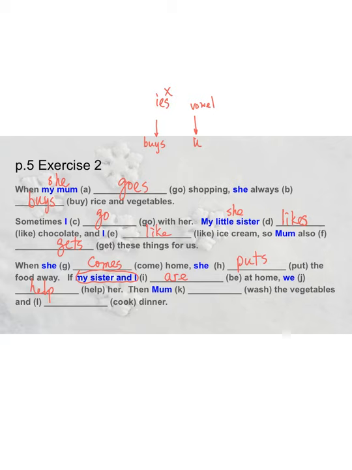Then mom wash. Okay, the verb wash ends with sh, so we have to add es for a type 2 subject. Washes. Washes the vegetables and cooks dinner.